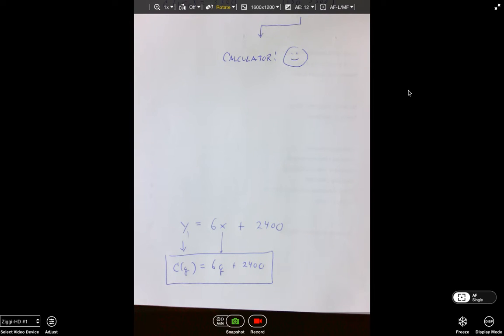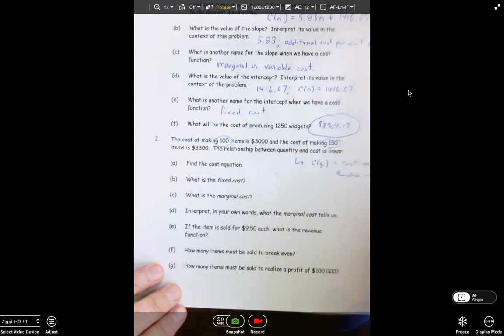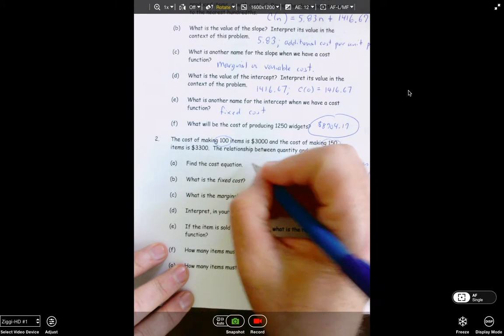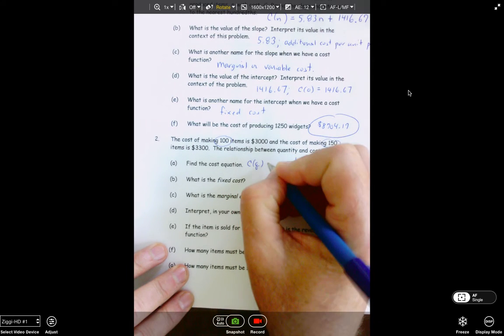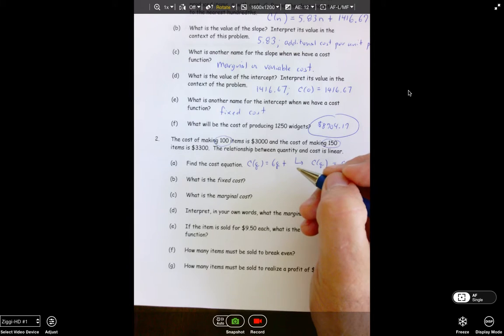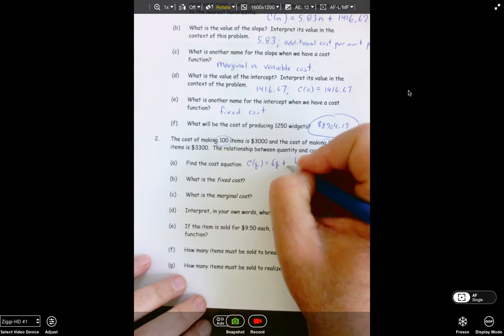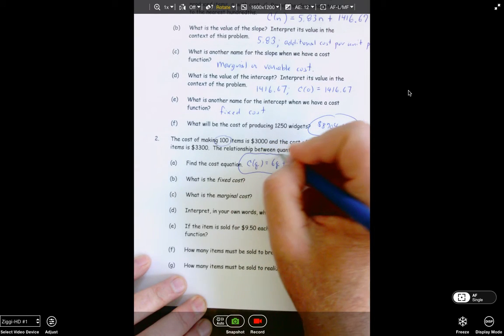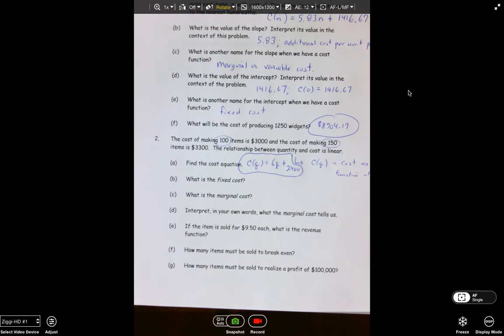See, guys, math doesn't have to be hard. We just like to make it hard. So our cost function will be C of Q equals 6Q plus 2,400. I didn't leave myself much room to write here.